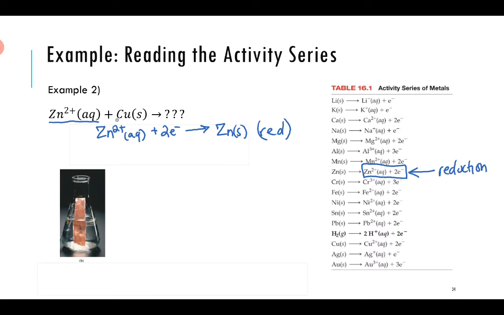And then I have my copper solid is going to turn into copper 2 plus aqueous ions plus 2 electrons. And so that's my oxidation half.